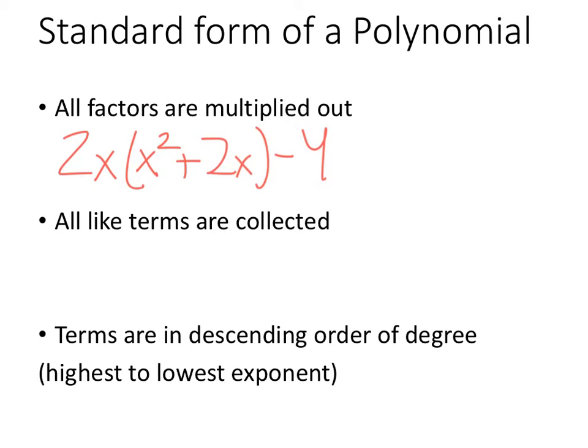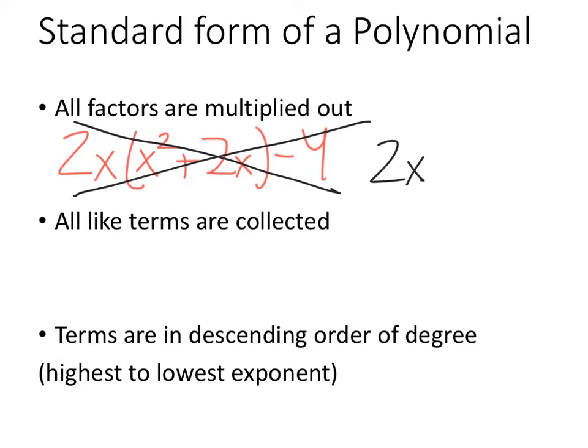The expression 2x times quantity x squared plus 2x minus 4 is not in standard form. In order to write it in standard form, we could distribute out the 2x and then collect any like terms. So 2x cubed plus 4x squared minus 4 would be that expression in standard form.